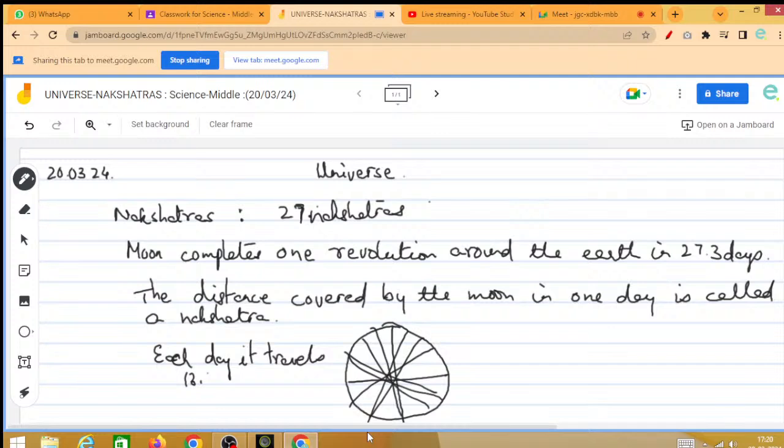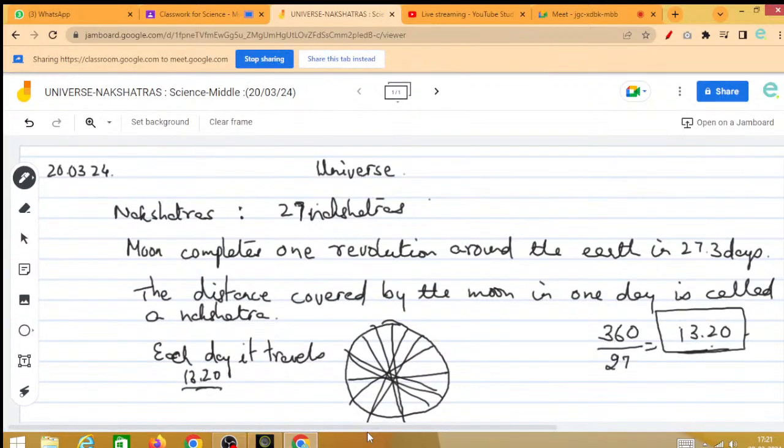How did it come to 360 divided by 27? What will the answer be? It will be 13.20. Okay, so this is how we get it. So each nakshatra, and the nakshatra is identified by what?